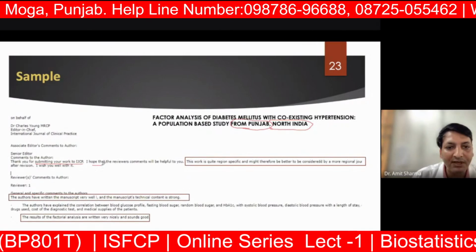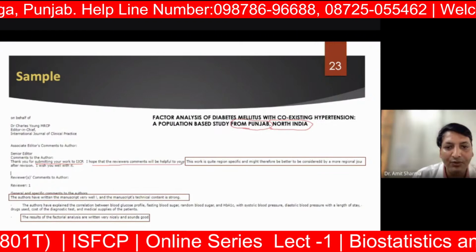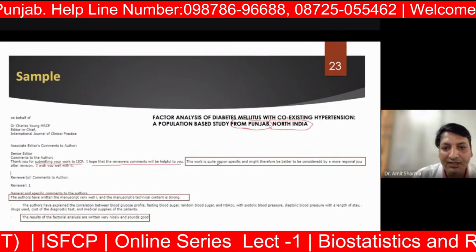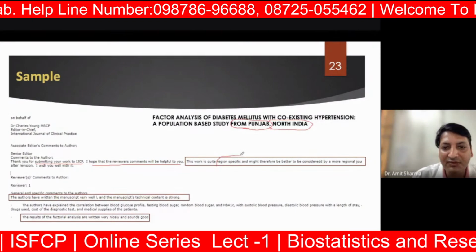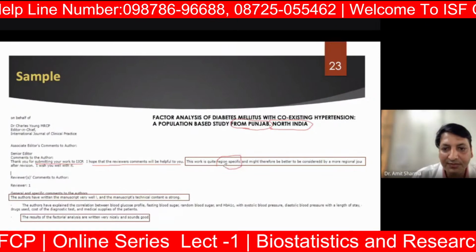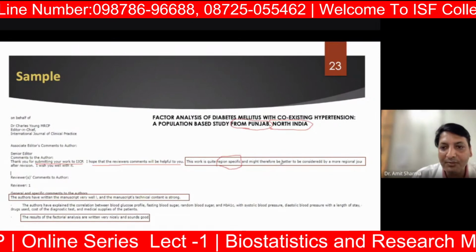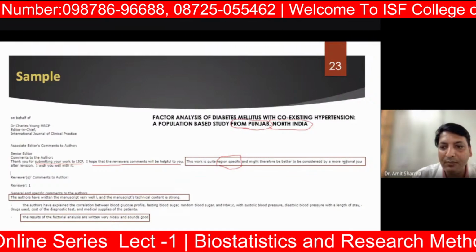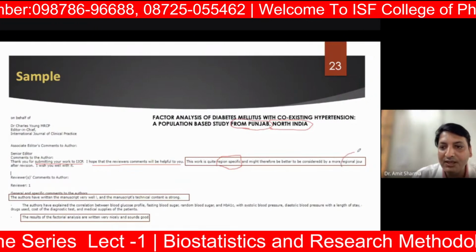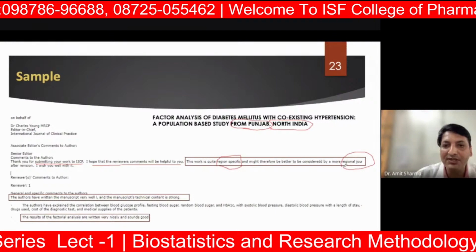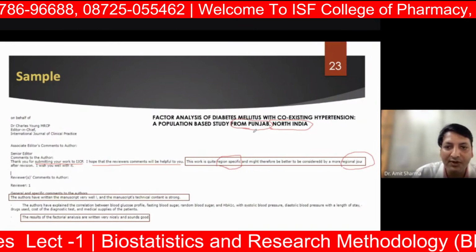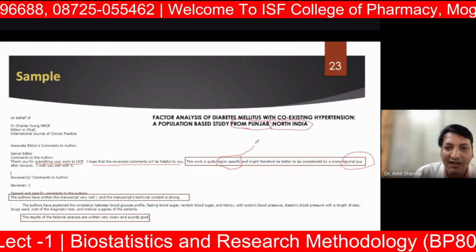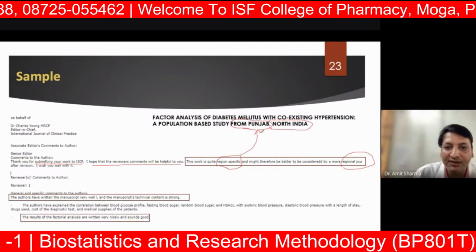I hope that the reviewer comments will be helpful to you. This work is quite region specific and might therefore be better considered by a more regional journal. That means they don't want to publish my work because I added a region.